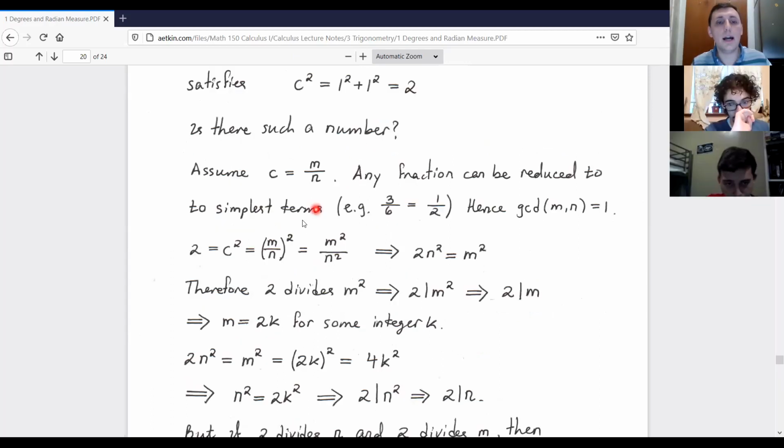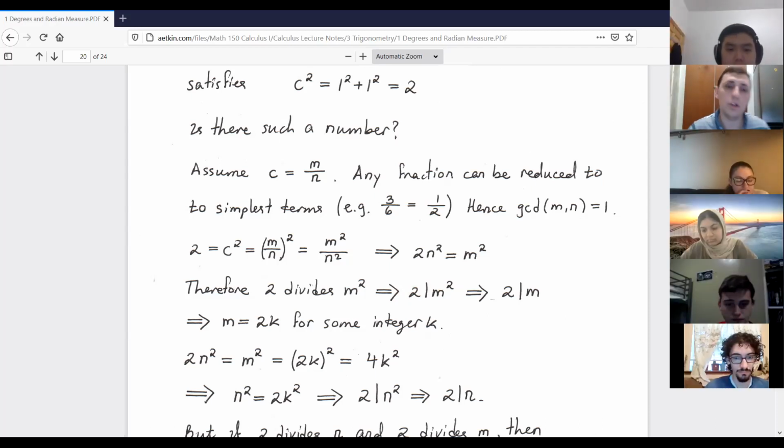So then I take the square of that number. So 2 equals (m/n) squared, which is m squared over n squared. And multiplying by n squared on both sides, I see that 2n squared equals m squared. Therefore, 2 divides m squared. You write it like this, guys. It's not a fraction. A vertical line, 2 | m squared, means 2 divides m squared. You agree?